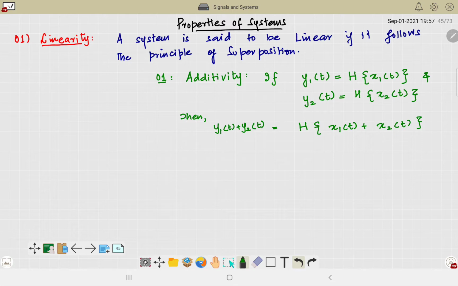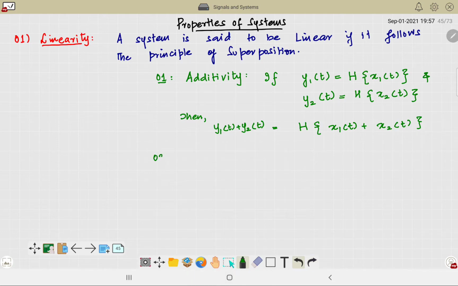I give two separate inputs x1(t) and x2(t); it gives me two separate outputs y1(t), y2(t). Now if the system satisfies additivity, then if I give a combination of these two inputs, x1(t) plus x2(t), my output should be the sum of the individual outputs. Okay? This is the first part of superposition.